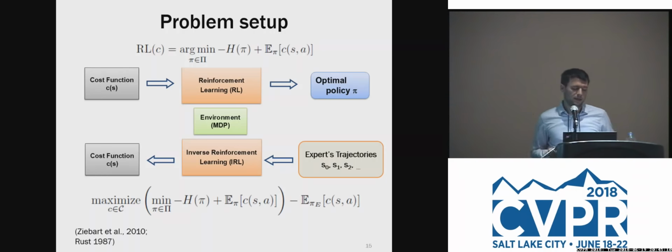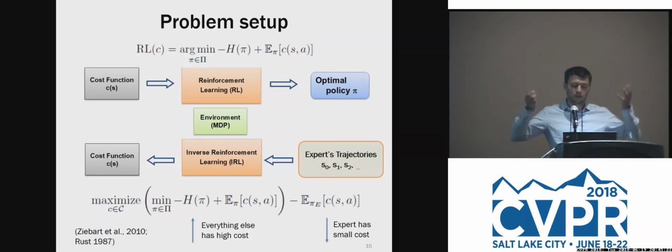If you want to make that expression large, you try to make the second term as small as possible. That term corresponds to the price paid by the expert under that cost. So you're trying to make the cost of the expert very small, and at the same time make the cost of everything else as high as possible. So you're trying to create a gap between the expert and the second best possible thing, so that the expert is uniquely optimal with respect to the cost function.